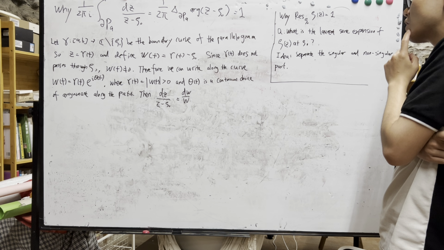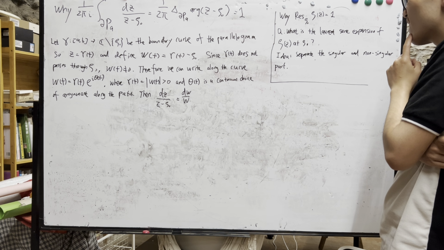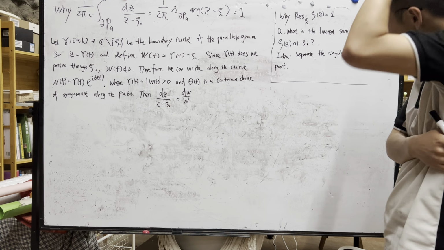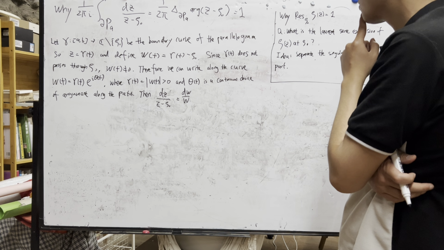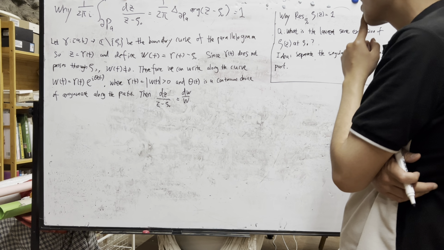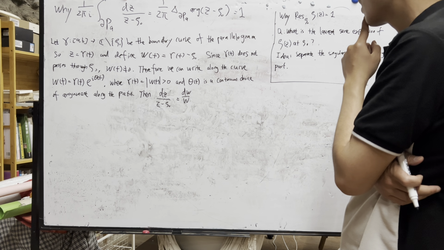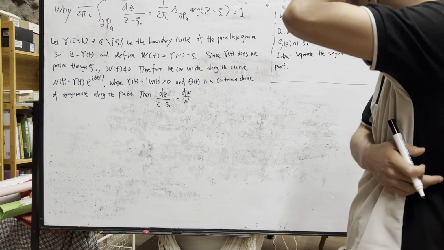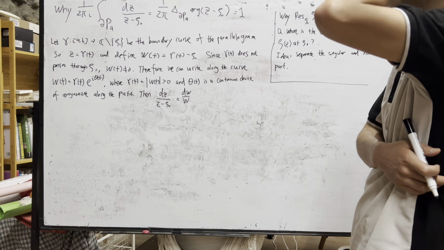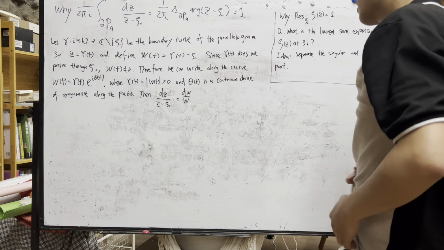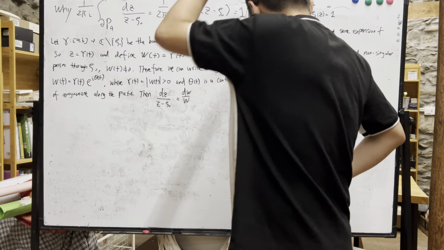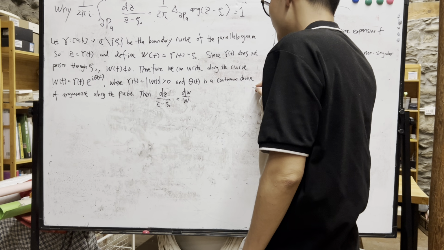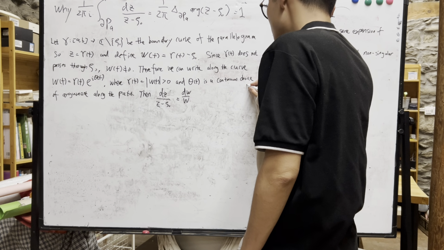Why is this continuous? If I take the limit as t goes to a point, we can just show that the limit approaches the value.